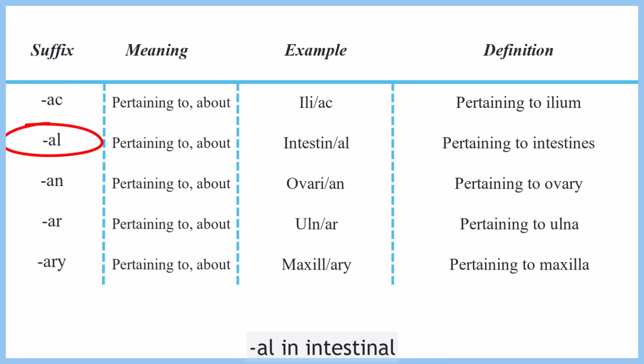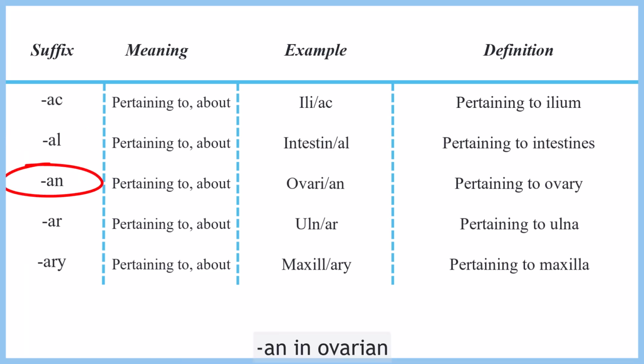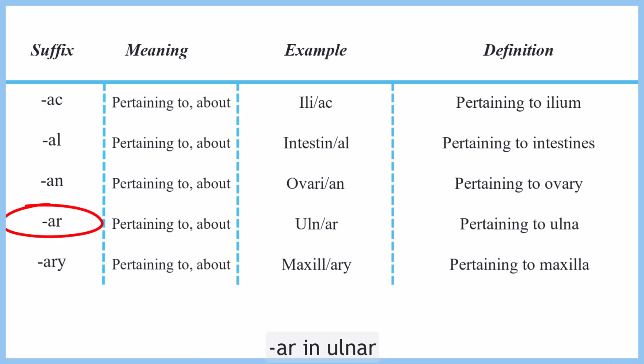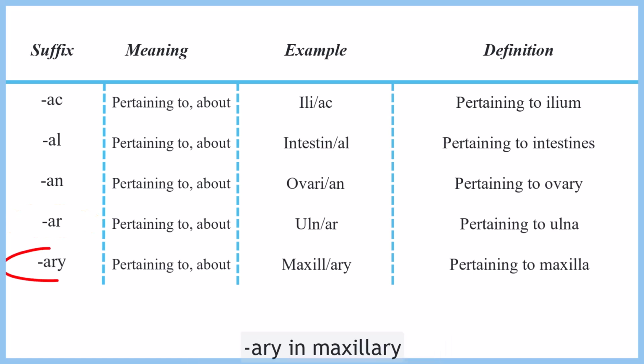Al in intestinal means pertaining to intestines. An in ovarian means pertaining to ovary. R in ulnar refers to pertaining to ulna. Ary in maxillary means pertaining to maxilla.